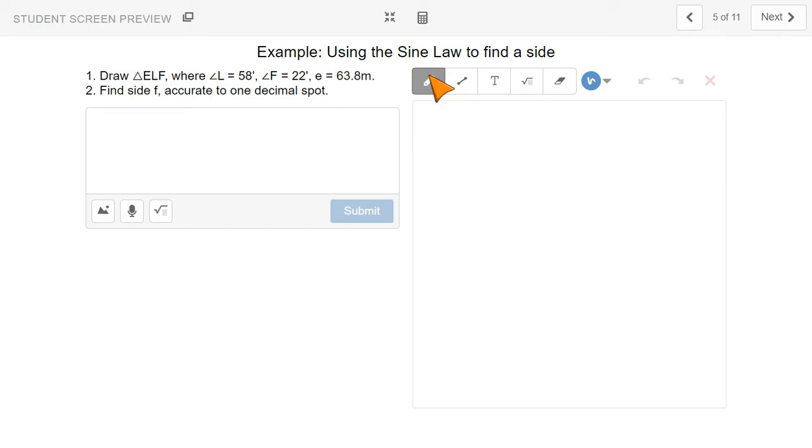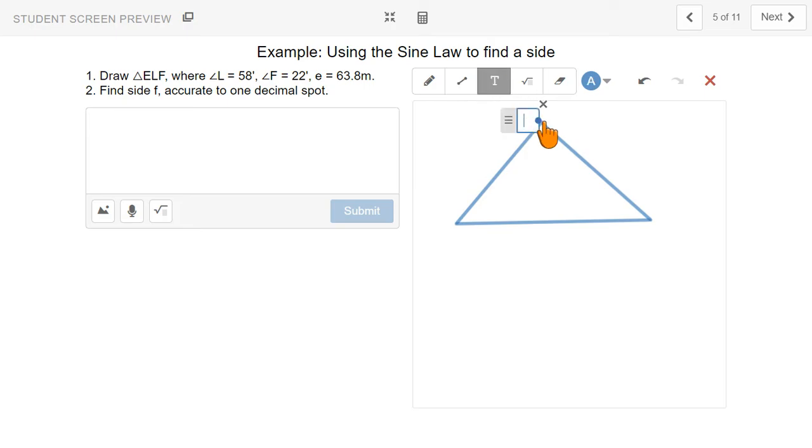Now, let's use the sine law to find a side. In this case, we have triangle ELF. So we have angle L, this is 58 degrees. We don't know what little l is.